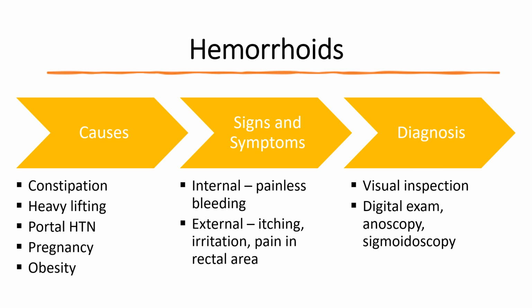Diagnosing it is usually a visual inspection. Internal hemorrhoids can be diagnosed with a digital examination or endoscopy, or even sigmoidoscopy. Treatment's usually conservative, and it's just relief of symptoms. So cold packs, sitz baths. If that kind of therapy doesn't help within 3 to 5 days, they can be referred to a primary care provider.